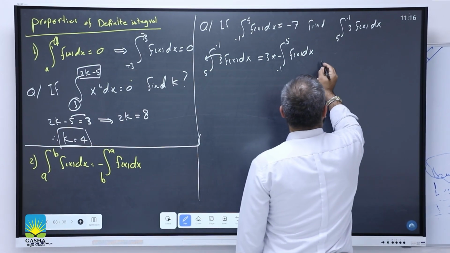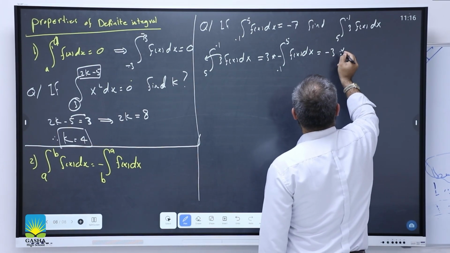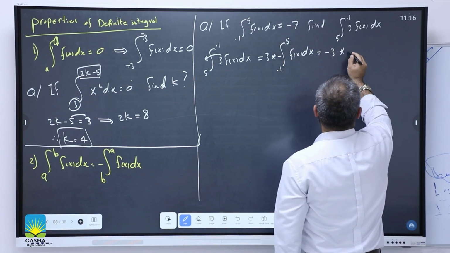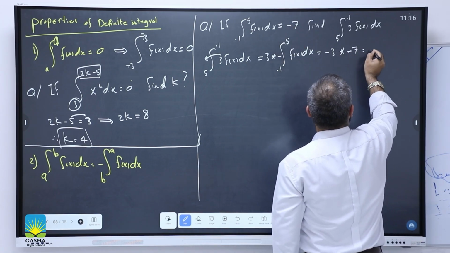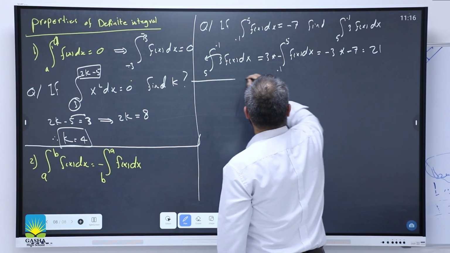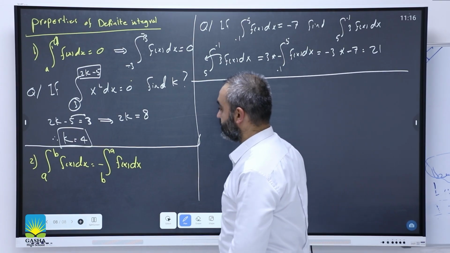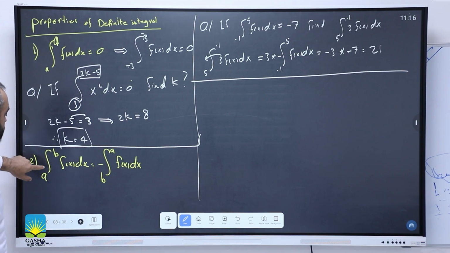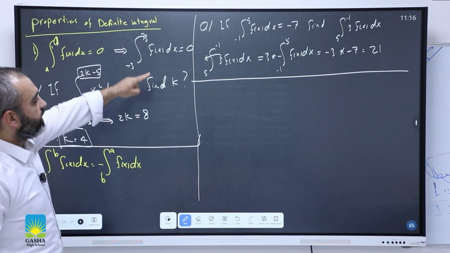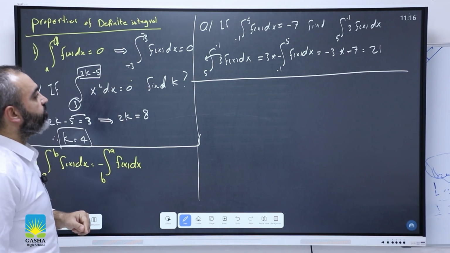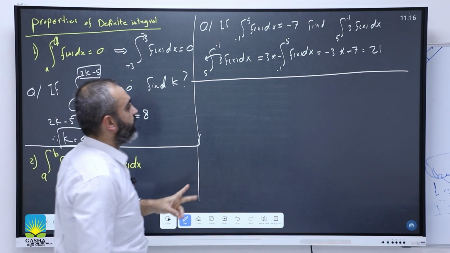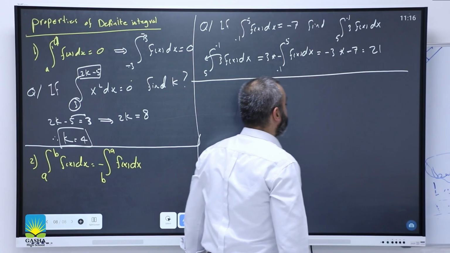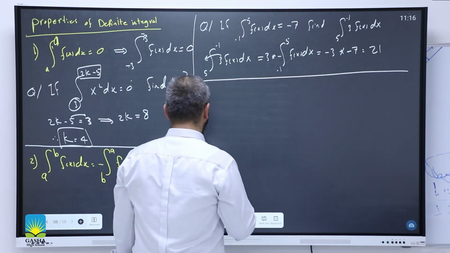So 3 times negative is negative 3. And what's the result of negative 1 to 5? It's negative 7. So negative 3 times negative 7 equals 21, right? So we use the property of the inverse of a and b here. Negative 1 to 5, f of x dx equals negative 7, and we use negative 7 here after we inverse the interval.